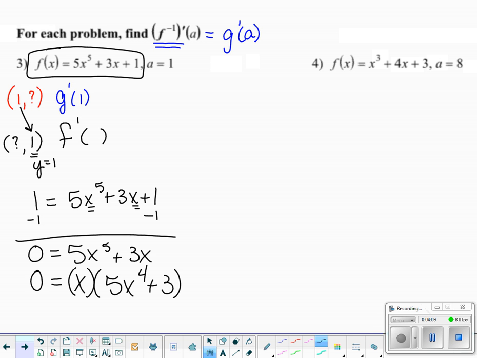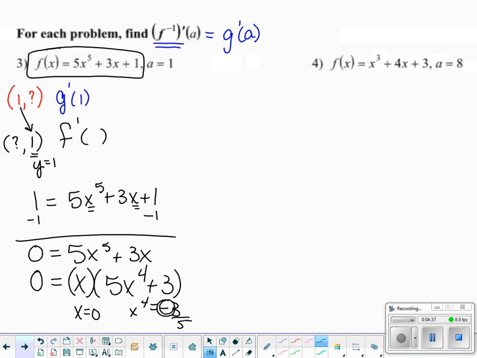So I end up with factoring out an x that was in common to this. All right, so one of the solutions here must be that x is equal to 0. This other one, if I set 5x to the fourth plus 3 equal to 0, well, the first thing I would do is subtract 3, and that's going to give me negative 3 divided by 5. Okay, when can I take something to a fourth power, which is an even power, and get a negative?